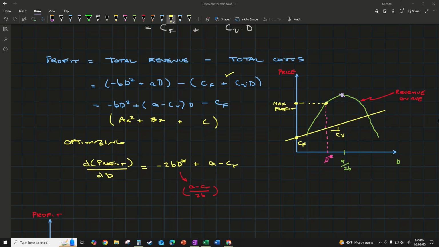So we have a max profit point over here, and notice that max profit point is not at the same level as our max revenue point, and that's due to cost.